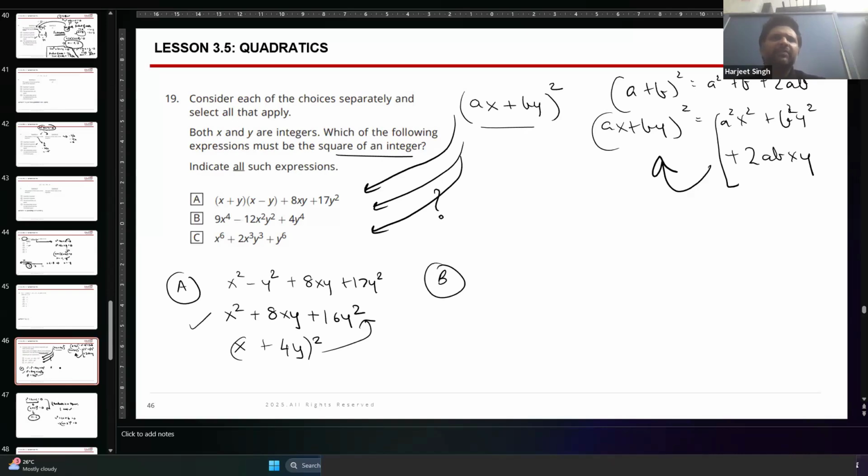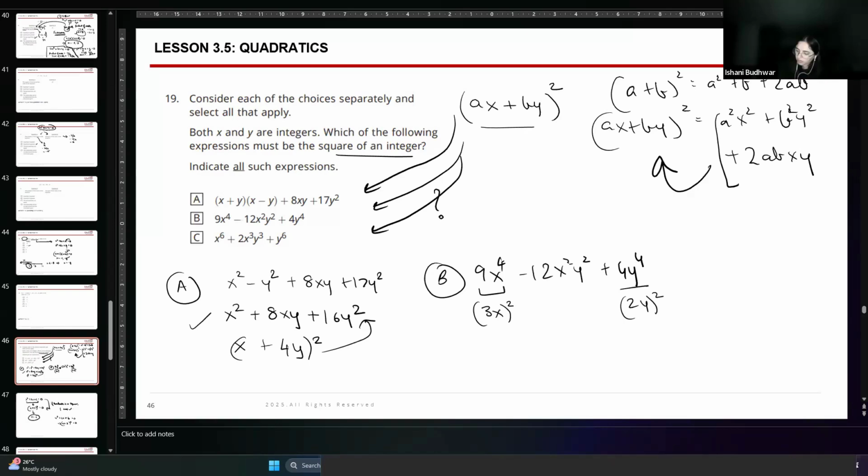What about B? Also, 9x to the power 4 minus 12 x square y square plus 4 y raised to 4. Now, this can I say is 3x square, and this is 2y square. So when I multiply 3 with 2 and 2, I get 12, which is the middle term. And there's a minus. So can I say this looks like 3x minus 2y?